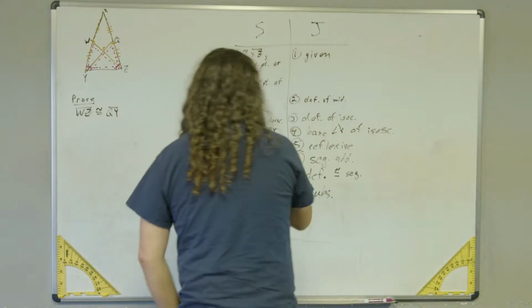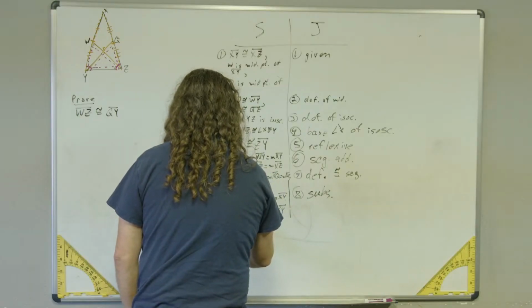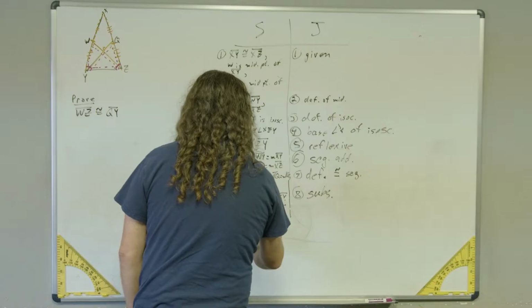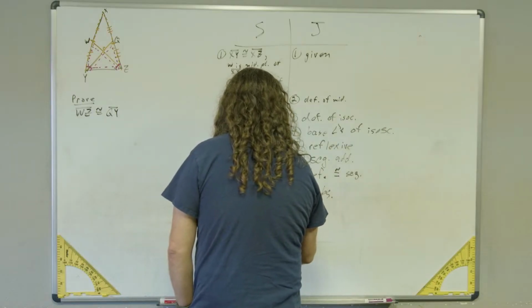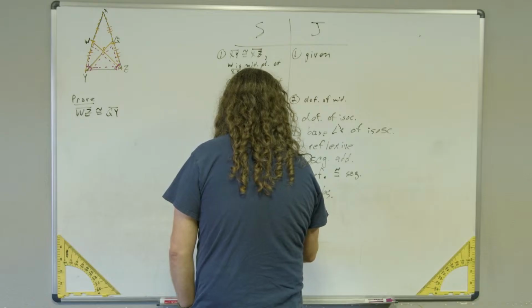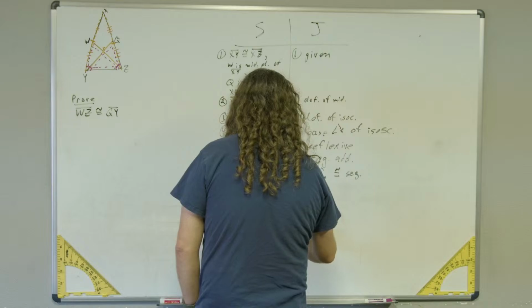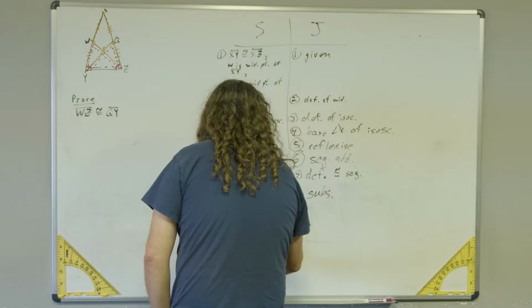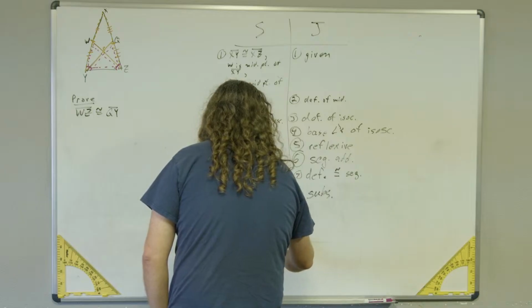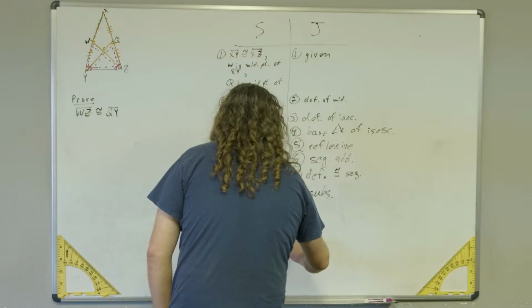So we can turn this into 2 times the measure of WY equals the measure of XY. And the same thing here: 2 times the measure of QZ equals the measure of XY.